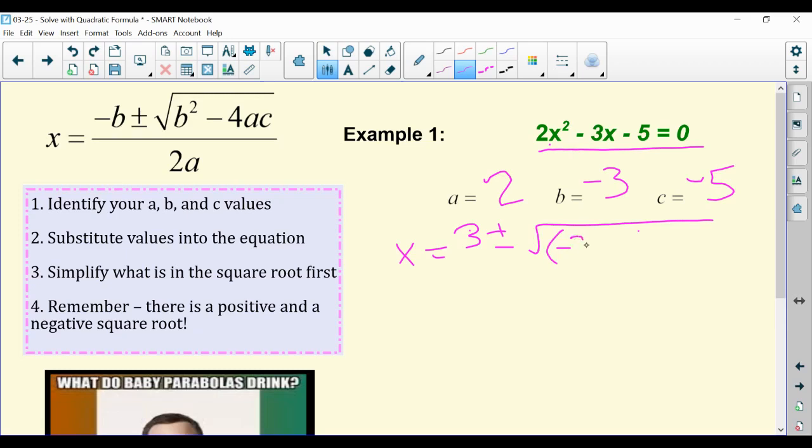So that's negative 3 squared, minus 4 times a times c, which is a negative 5, all over 2a. So that's 2 times my a, which is also 2.